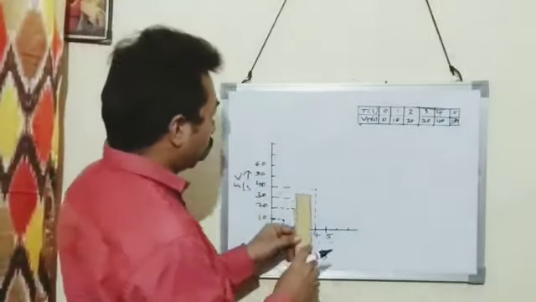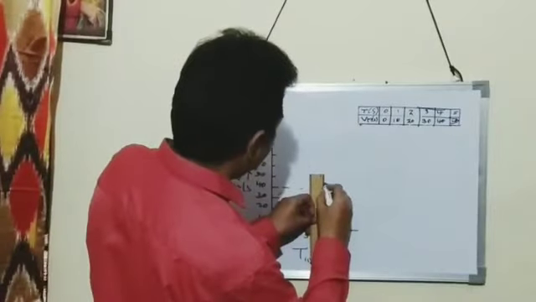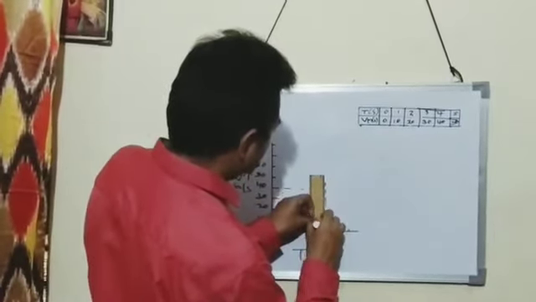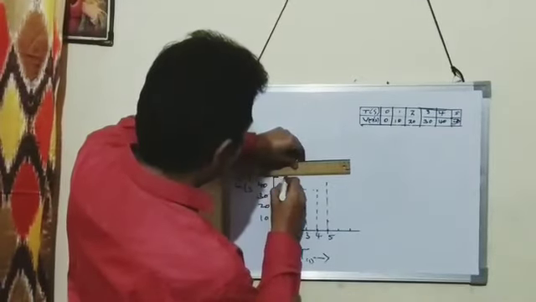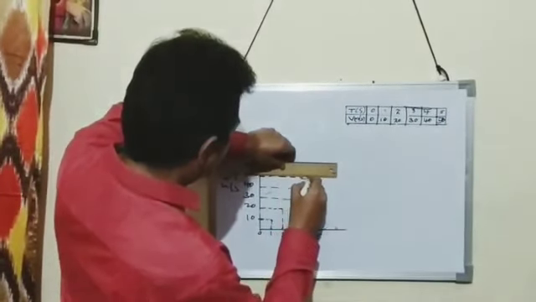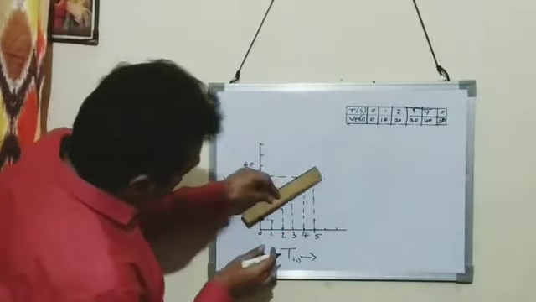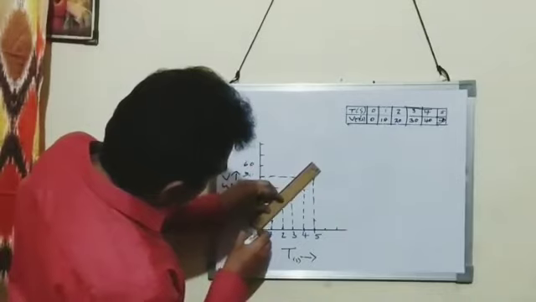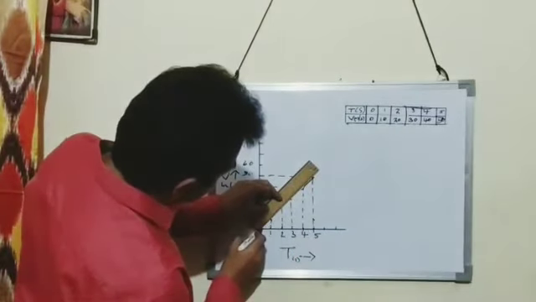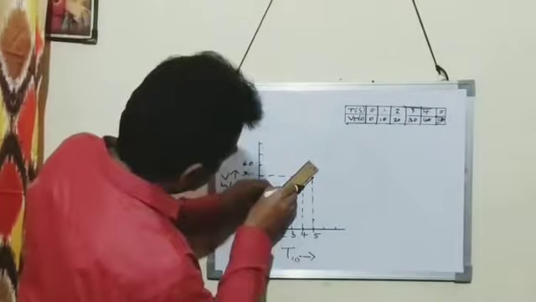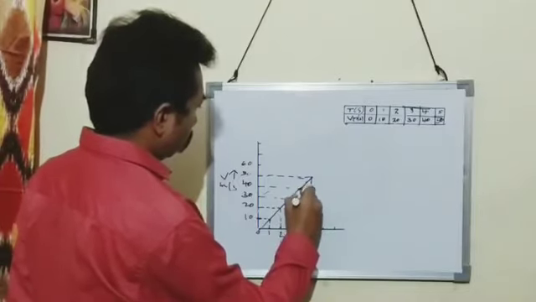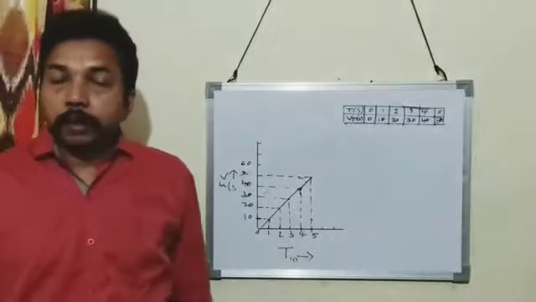Then 5, 50. Then on joining these points we get a graph.